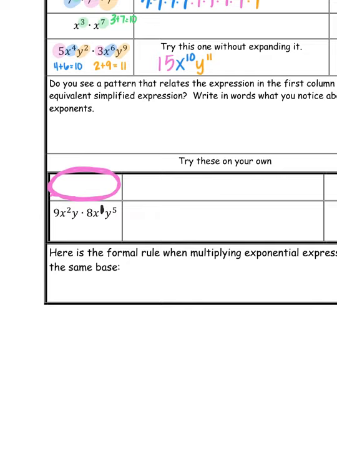So again, you're going to multiply your numbers in front, multiply your same bases, so x to the 2nd times x to the 1st, and y times y to the 5th. Okay, and go ahead and write that. You don't need to do that in expanded form. Just give me the final answer there in the middle.